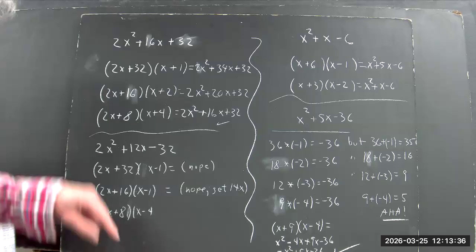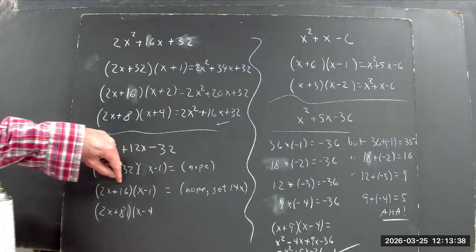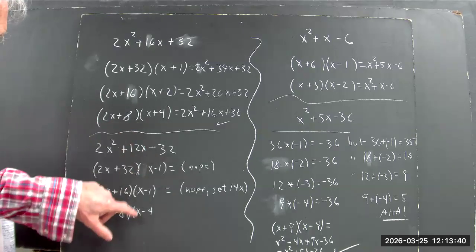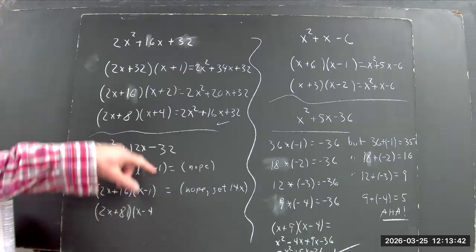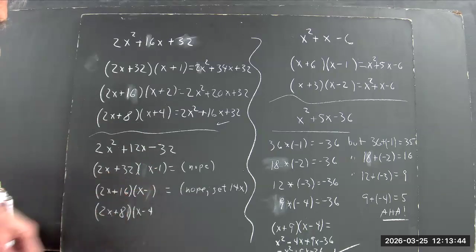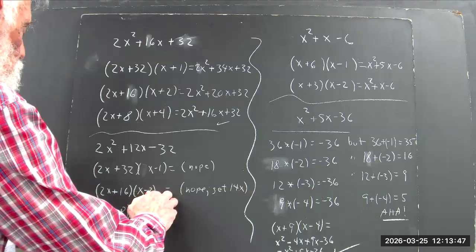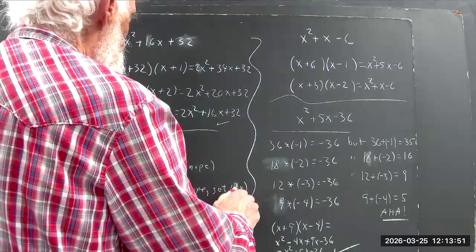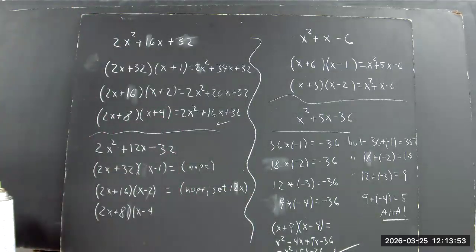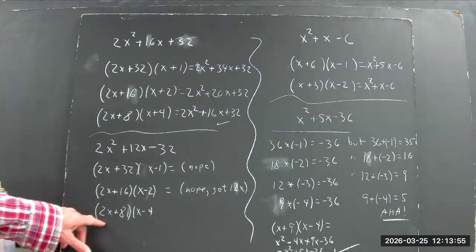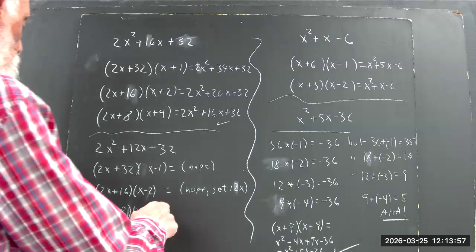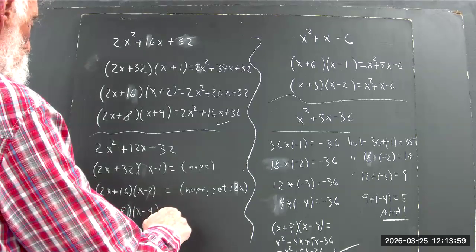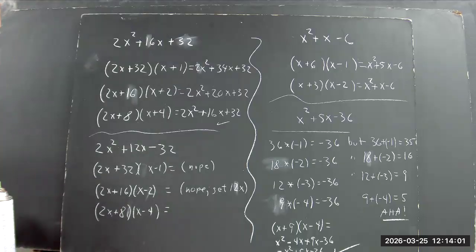my brain is just not engaged. Okay, then 2x plus 16 times x minus 1. Well, 16 times minus 1 is not negative 32. It should have been x minus 2, in which case I would have gotten 12x. Okay, now if we do 2x plus 8 times x minus 4, what's that equal?